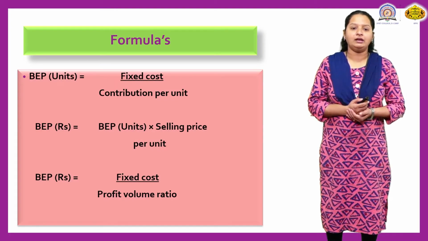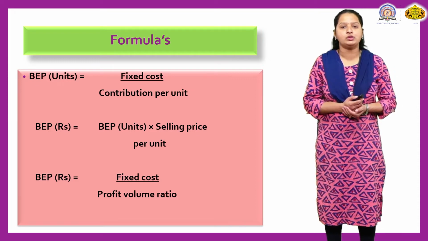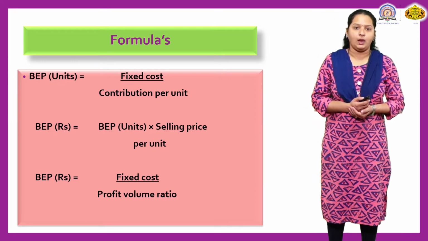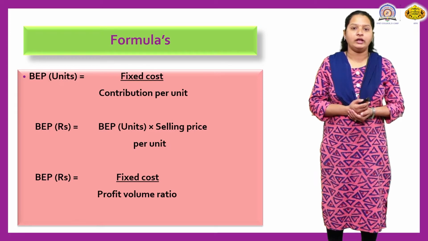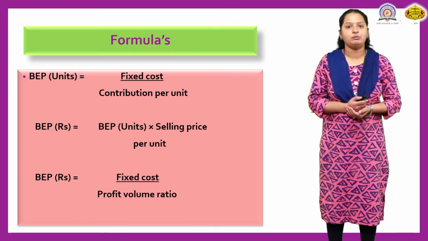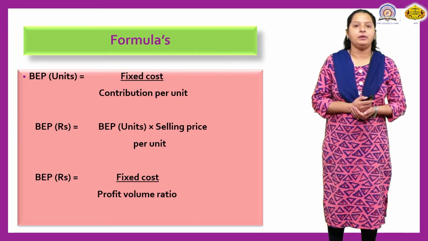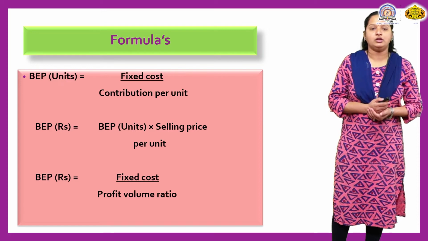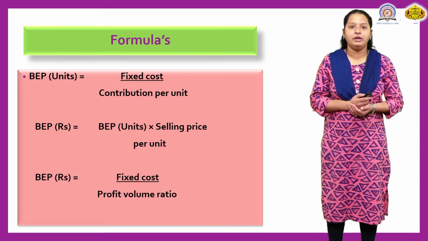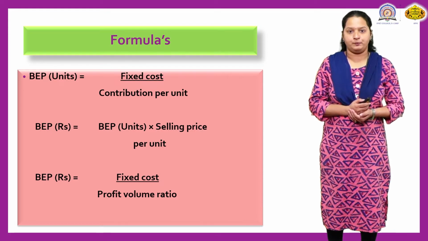While calculating this BEP, there are certain formulas which you have to use in your example. The first formula for calculating BEP in units is fixed cost upon contribution per unit. If you want to calculate the BEP in rupees, you can use the formula BEP in units into selling price per unit.